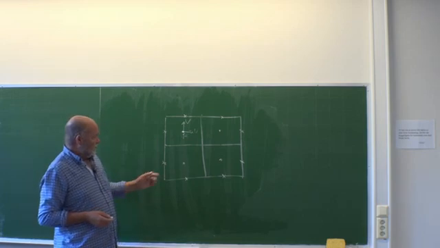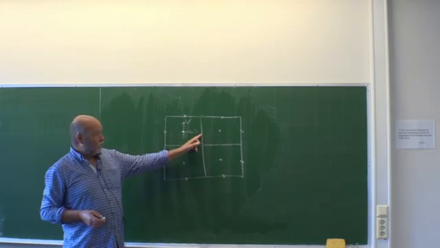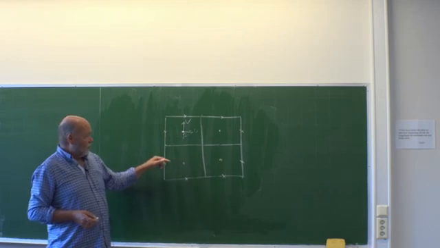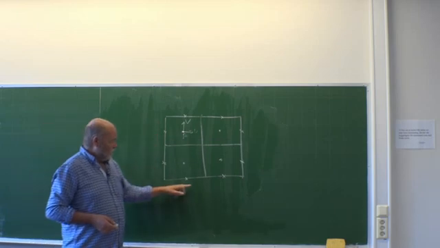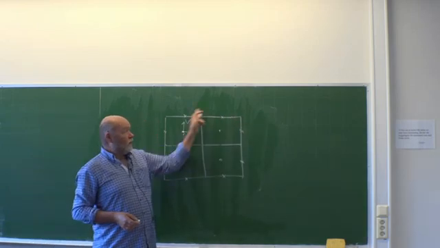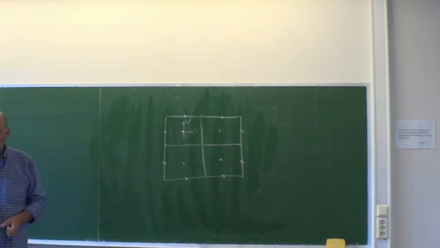Let's see now. If we had 5 by 5 internal points, then we have to add what? 5, 5, 5, and 5. That's 20. Then I should have 45 values. Still doesn't make sense, does it?